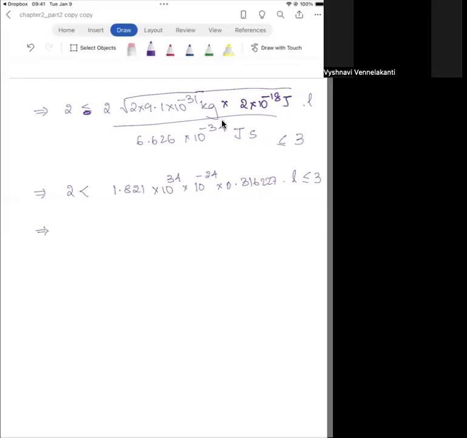At this point, let's solve these two things separately.